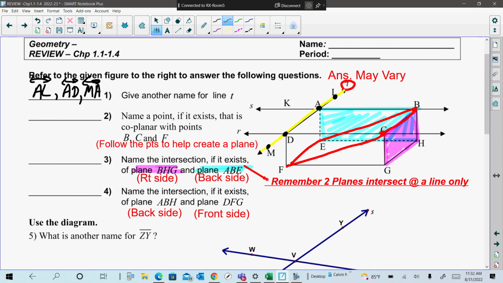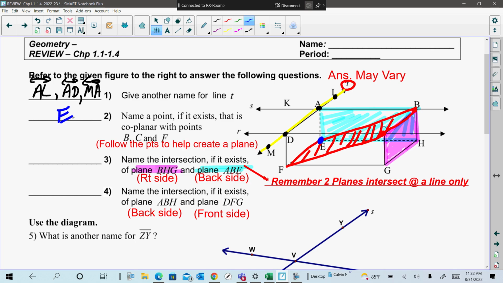Do you see that slice going in the interior? I'm going to make some lines so you can see it a little better. A point that exists in that plane is this corner over here, which was E. So to help see the plane, just follow your points in order and create the shape.